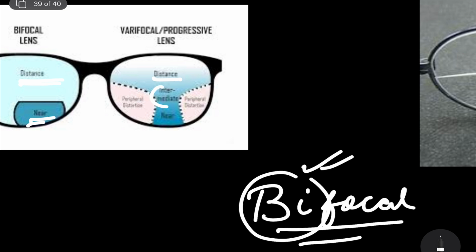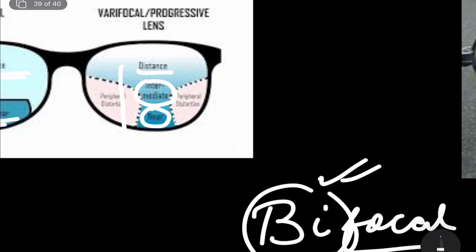In the middle, we have intermediate objects, and at the very low end, we have nearby objects. So basically, in this way, the focal length is decreasing. Okay. So this is a varifocal or progressive lens, and as you can see from this image, the lenses are arranged in an hourglass like pattern.